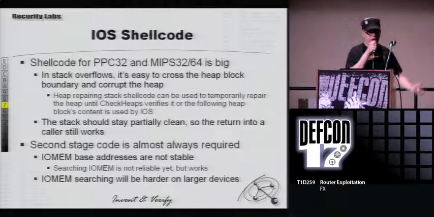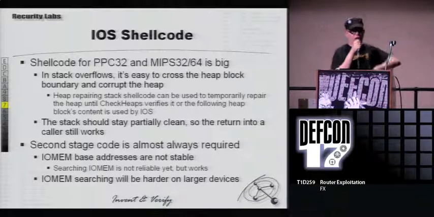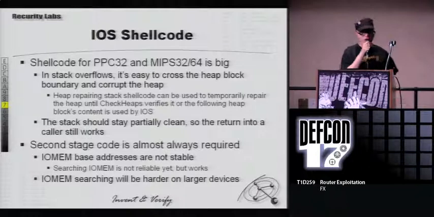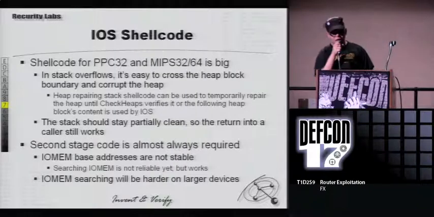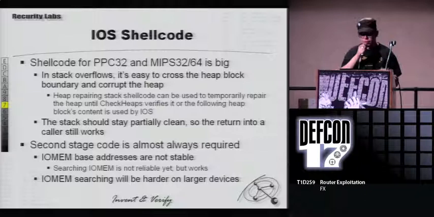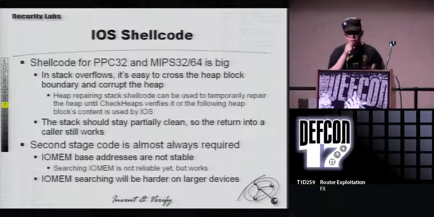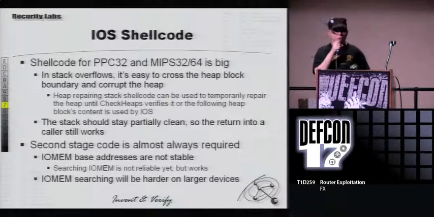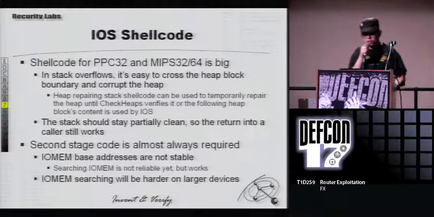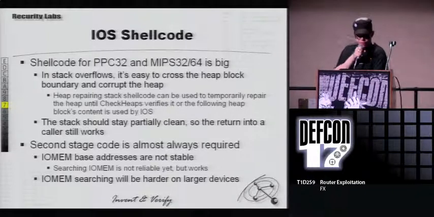I actually have shellcode that in the middle of itself repairs the heap because it's sitting on the heap control header. That is really useless because then at the end you don't have space for doing anything else with that. And you need the stack to actually stay clean because you still need to return, remember? So you always need second stage code, and there are some particular problems with finding I/O memory addresses because they're not stable either, but we're going to solve that.